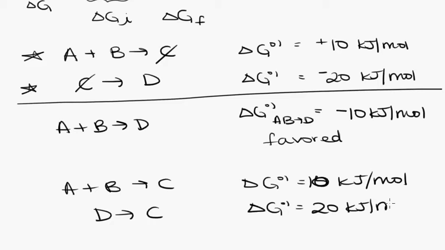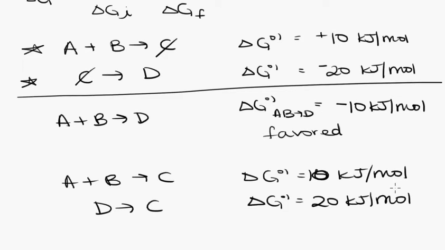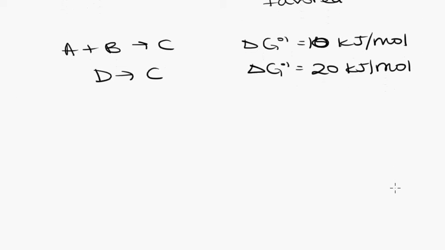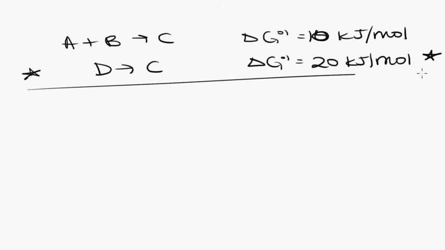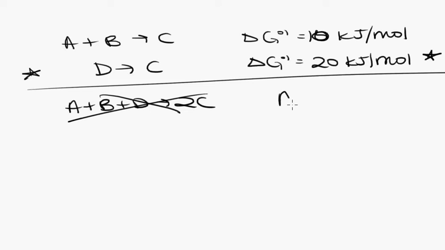Okay. So in order to solve this problem, first we'd have to flip the bottom. Because the C's don't cancel, they're both on the same side. So if we added it up right now, we'd get A plus B plus D makes 2C. And that's not what we want. We want A plus B going to D. Okay? These two are not the same.